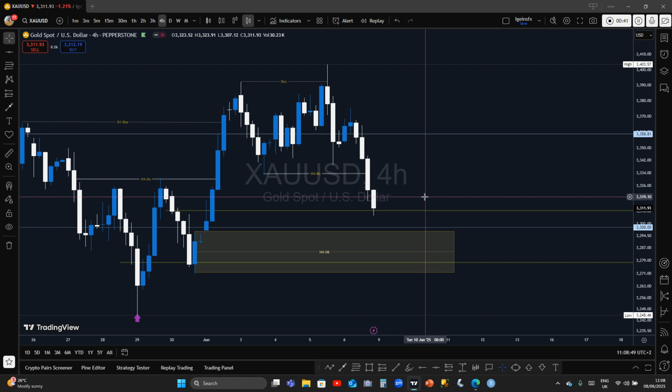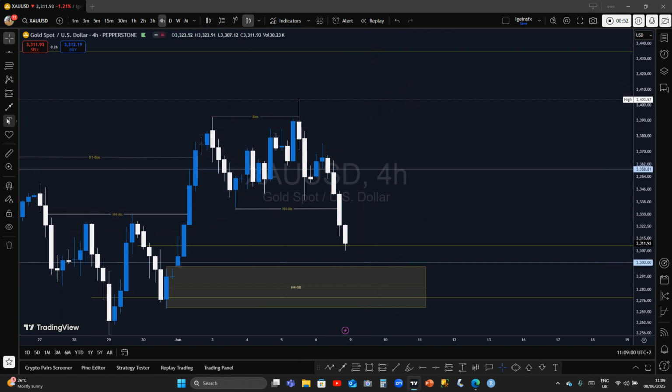Start from the higher time frame to know the overall direction of trend. It is a very, very important thing to do. You check from the higher time frame, the HTF, for the overall direction of trend.